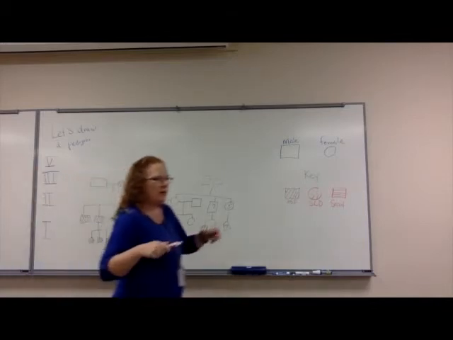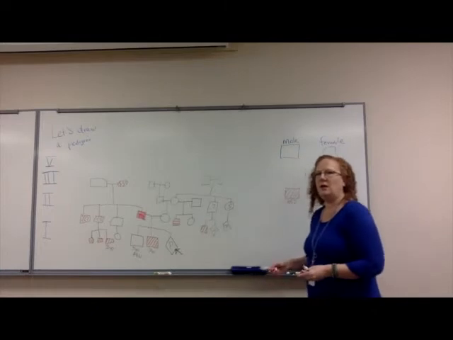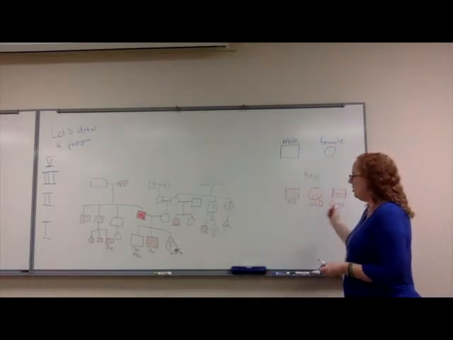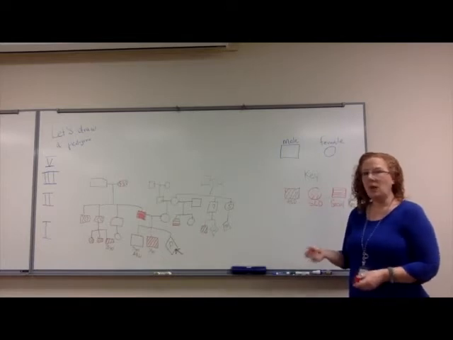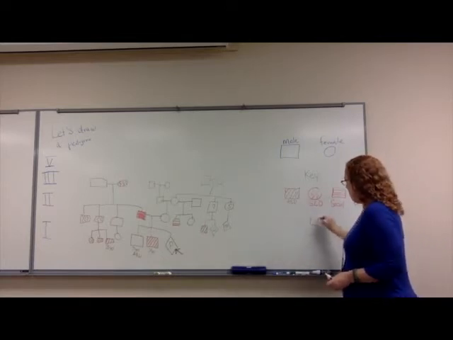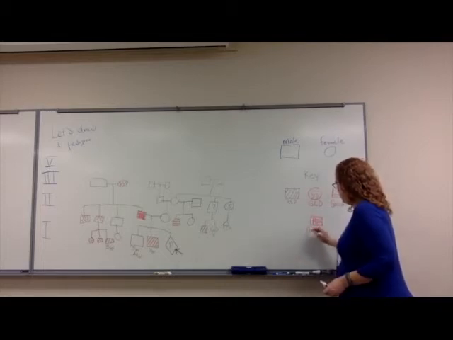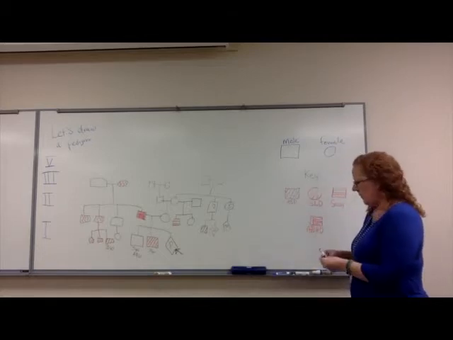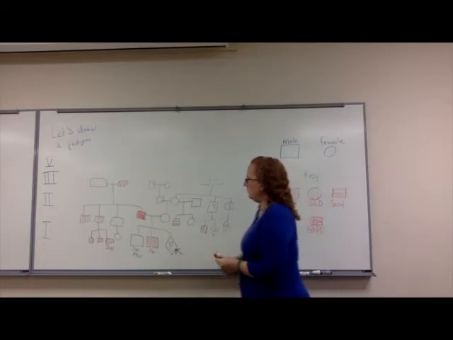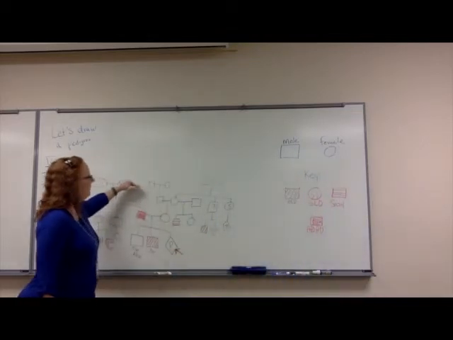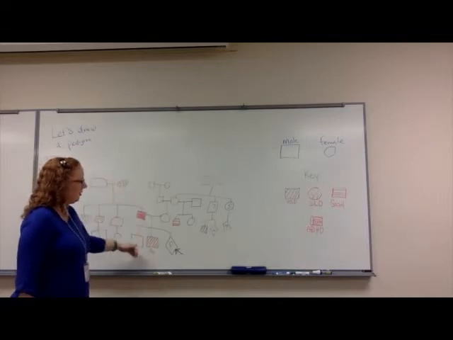The one thing that we want to figure out is, are we seeing this over multiple generations, and who needs to be tested? Let me mark down here. So when we have these individuals, we want to figure out, is this a vertical problem?